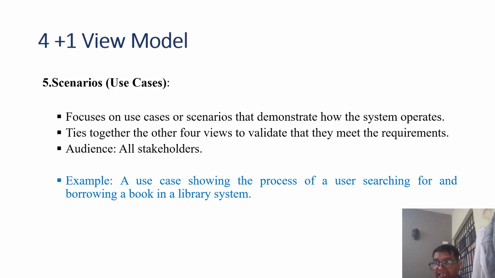The scenarios also describe the sequences of interaction between objects and between processes, and serve as a starting point for the test of an architecture prototype. For example, a use case showing the process of a user searching for and borrowing a book in a library system. So the library system is an example we can consider for scenarios.